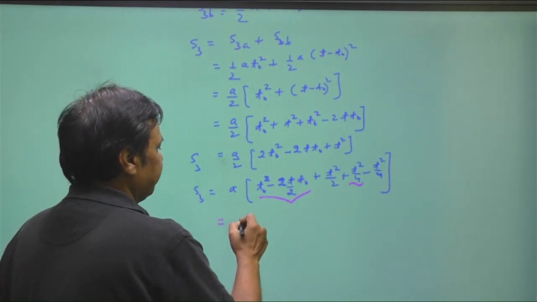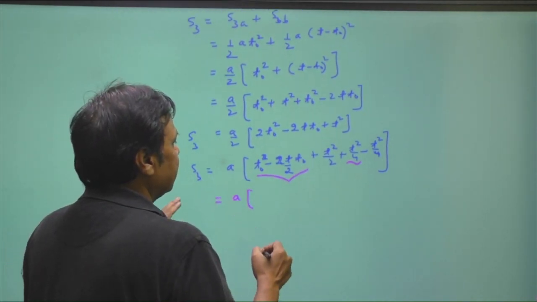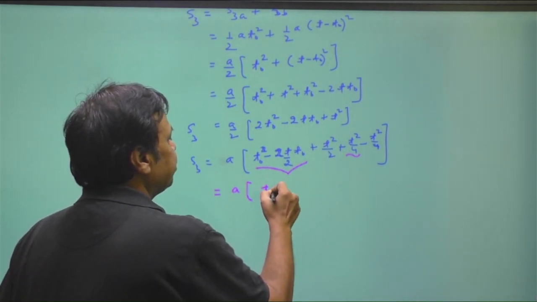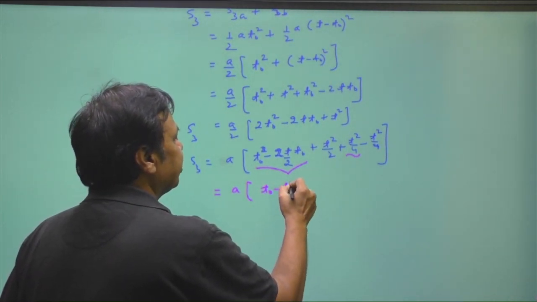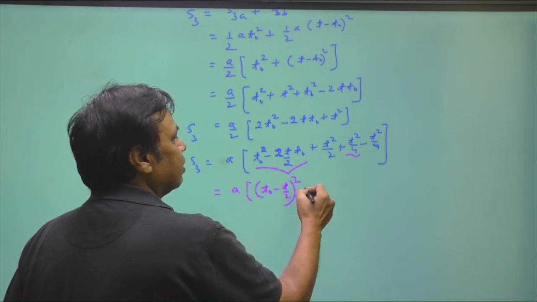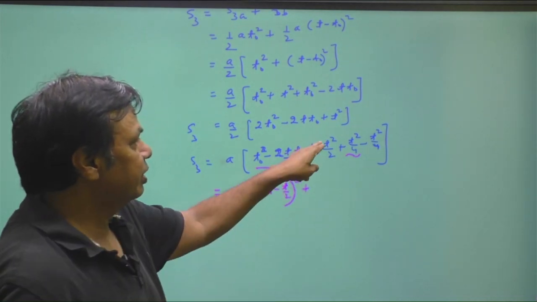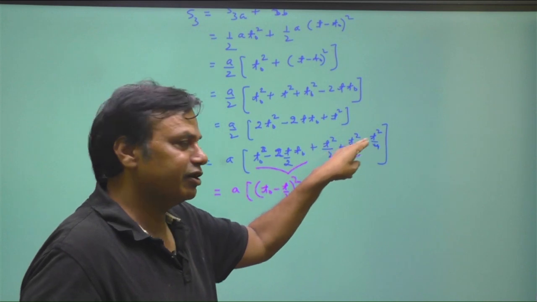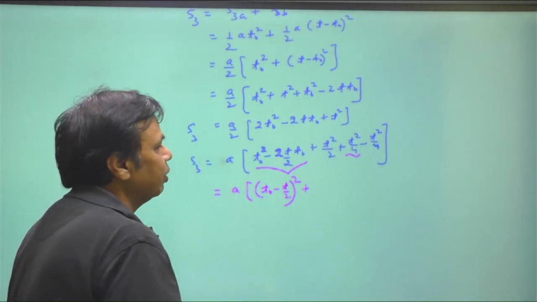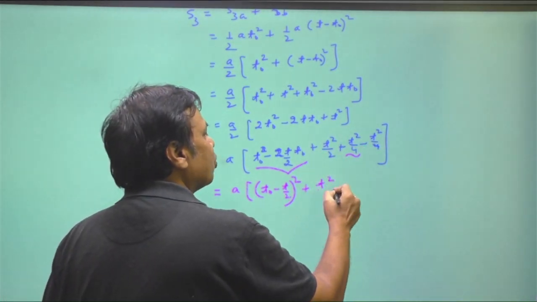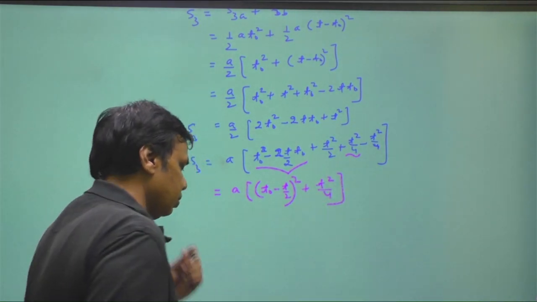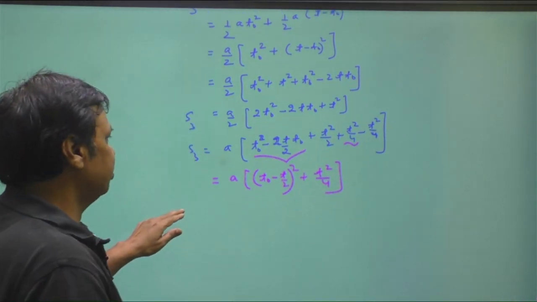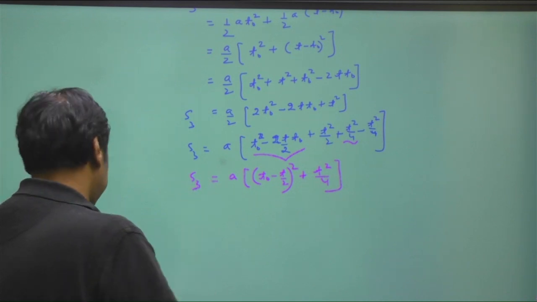It will become a, t naught minus t by 2, square plus t square by 2 minus t square by 4, which will become t square by 4. This is our S3.